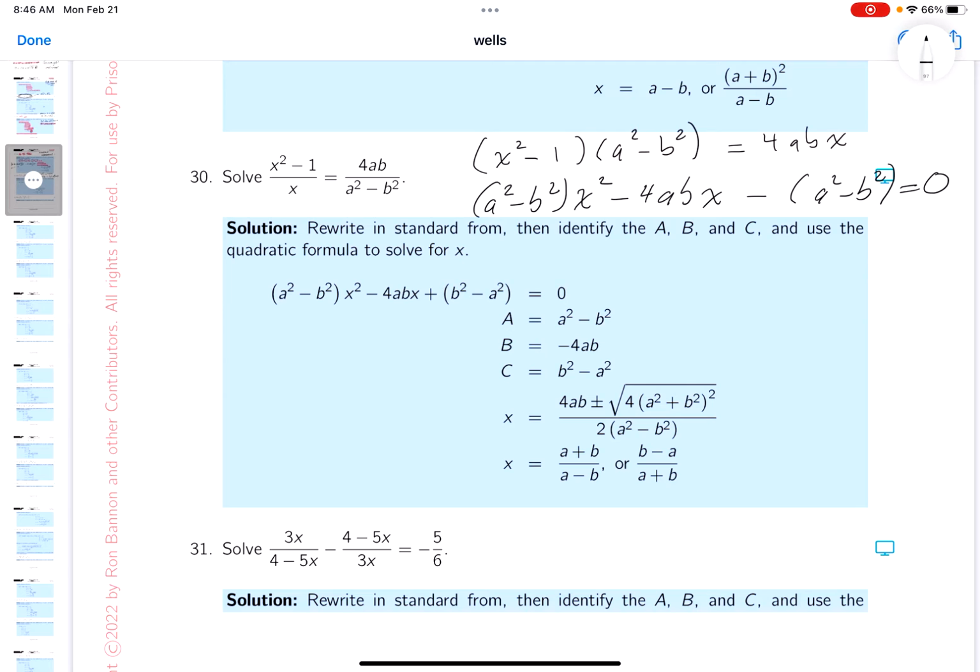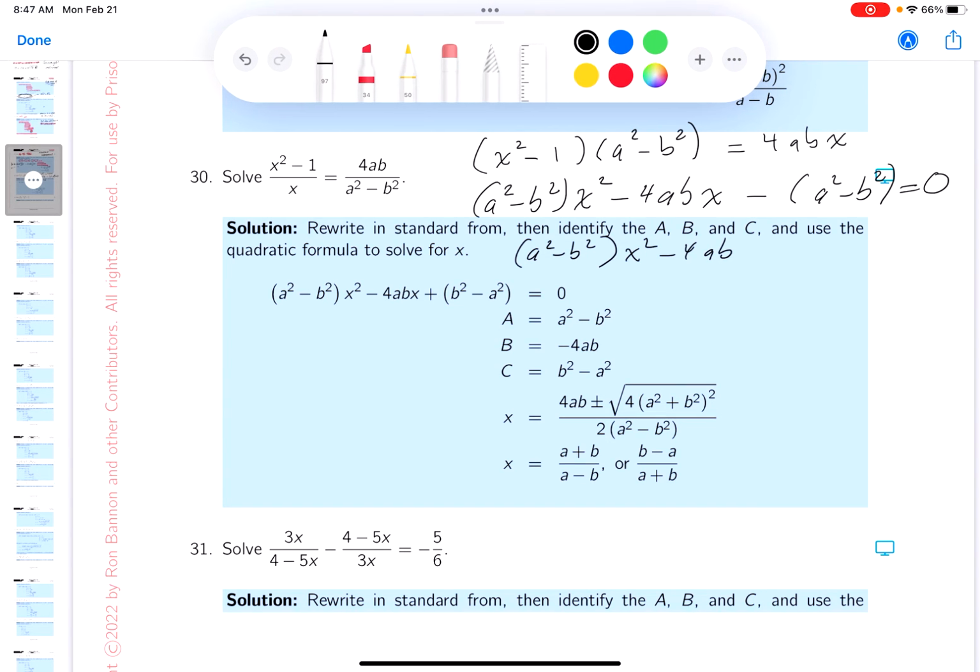All right? I'm going to write a little bit differently. Oh, you know what? I'm not going to rewrite it different. Let me get my eraser out, and I'll leave it at that.